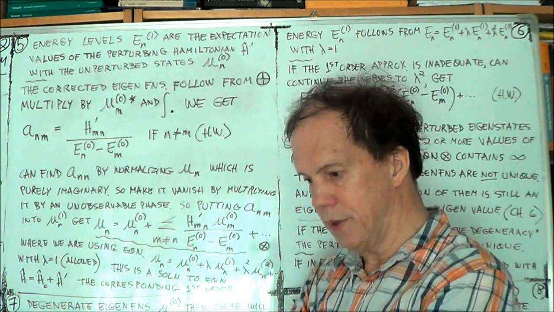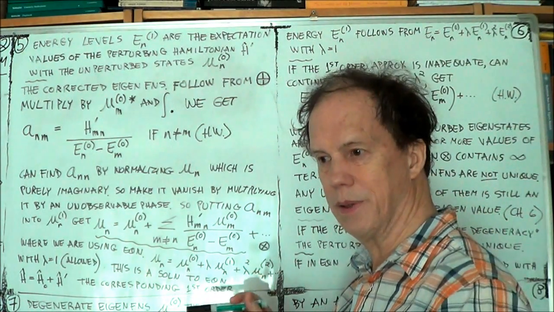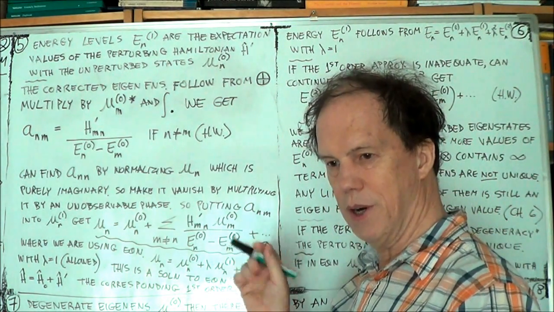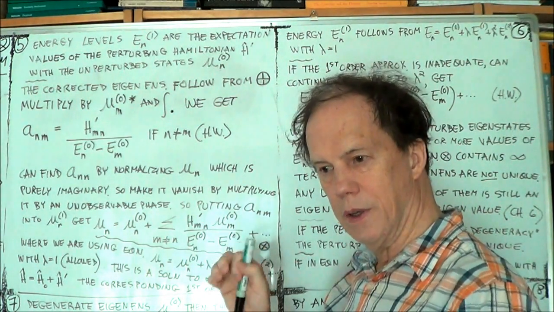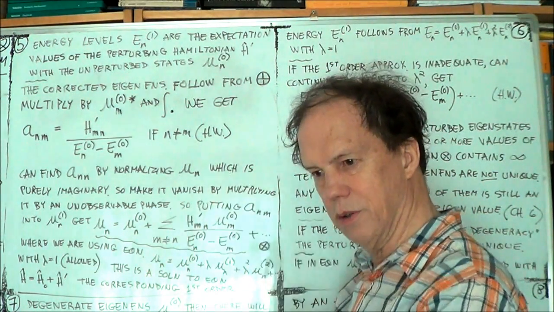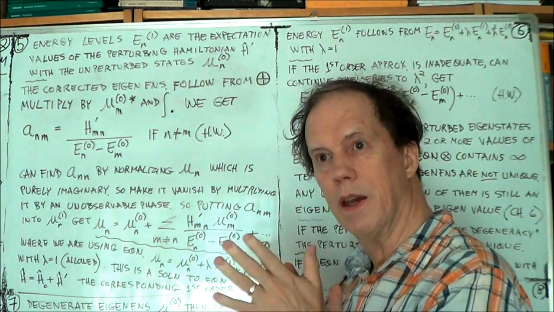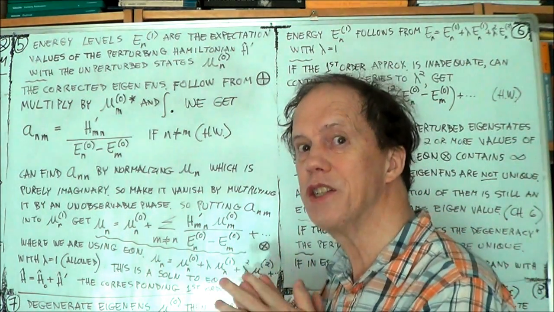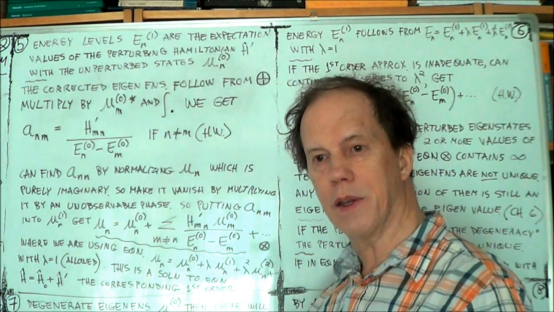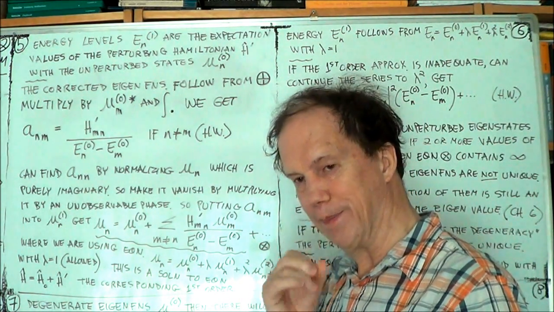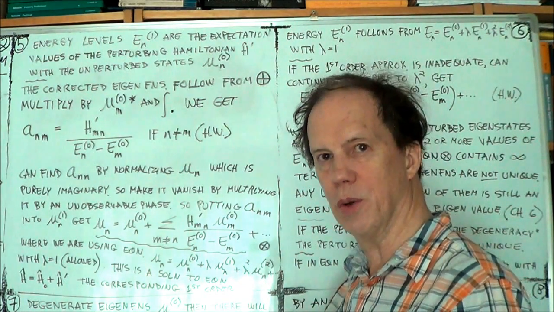It was, well, it's in the previous session that you can't see it, but it was bra U0, and then between two vertical lines the H hat dashed, in other words the perturbing Hamiltonian, and in the ket was another U0, well, UN naught.